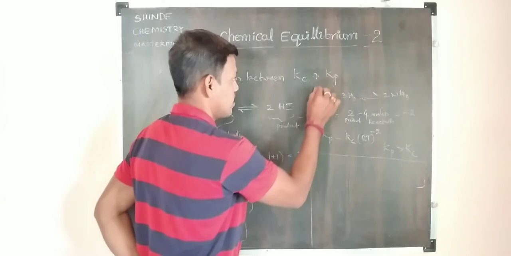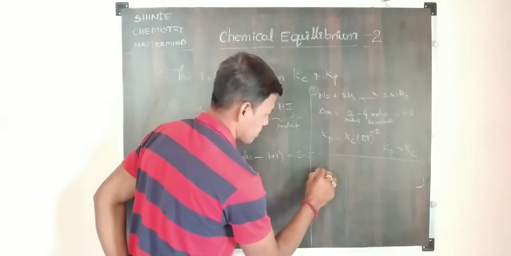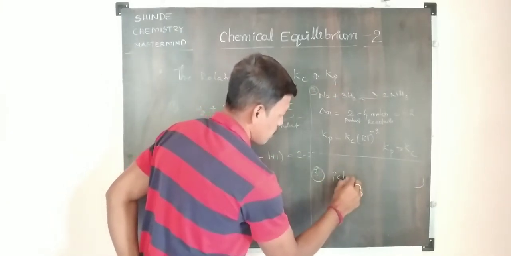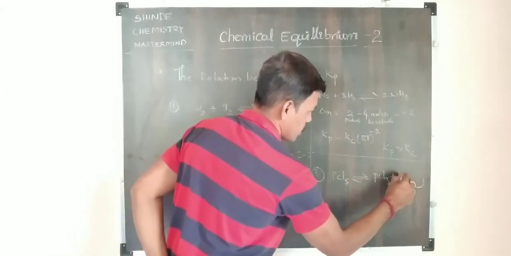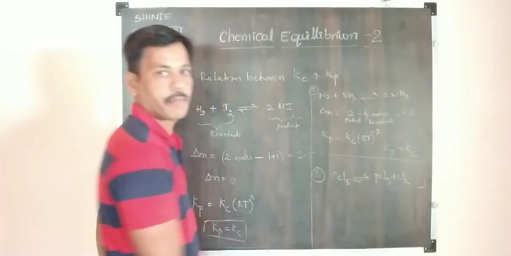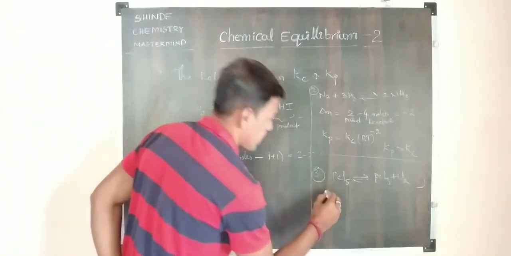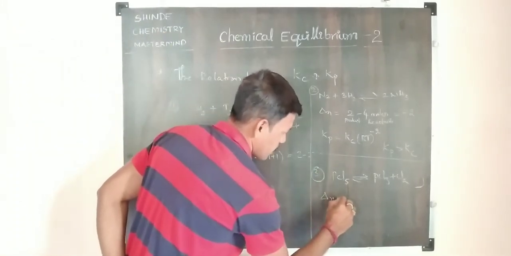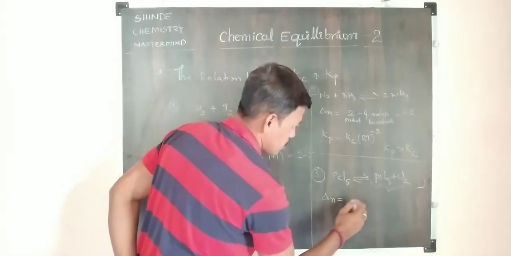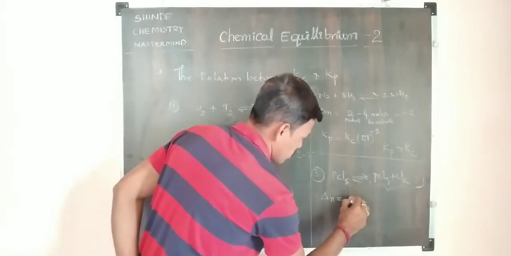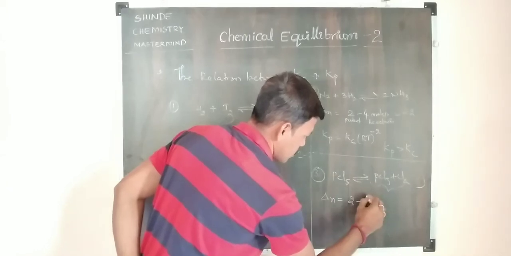And the third one, PCl5 gives PCl3 plus Cl2. For this chemical equilibrium, if you write the delta n value, these are the products: 2 moles minus the reactant, 1 mole.